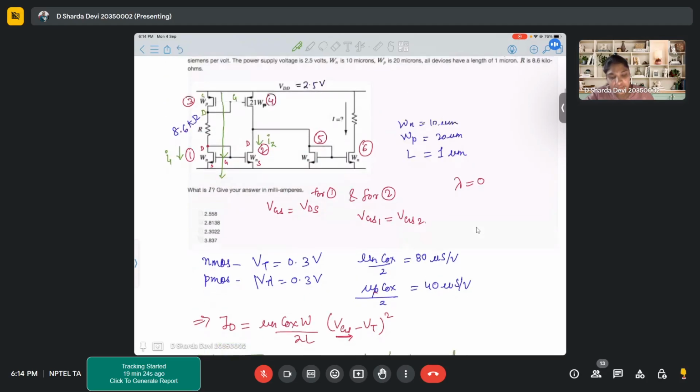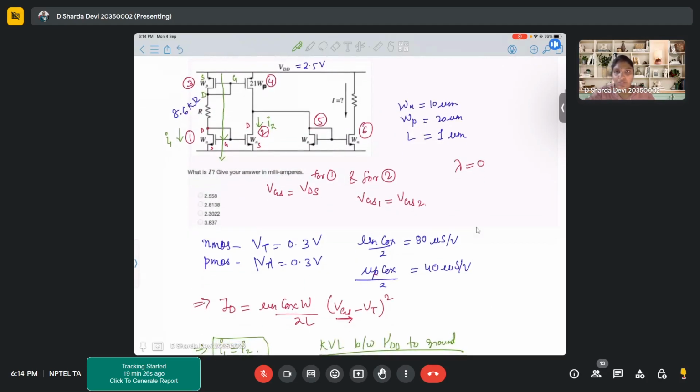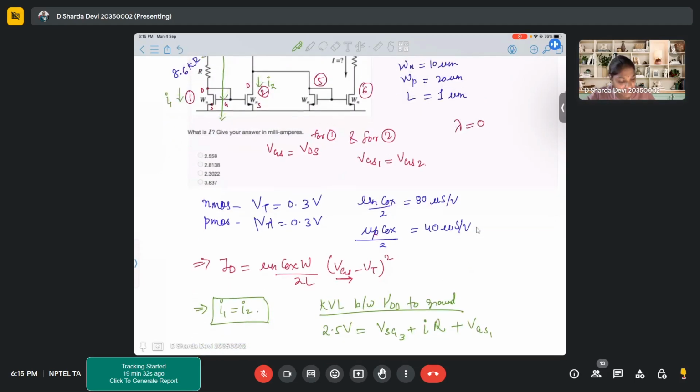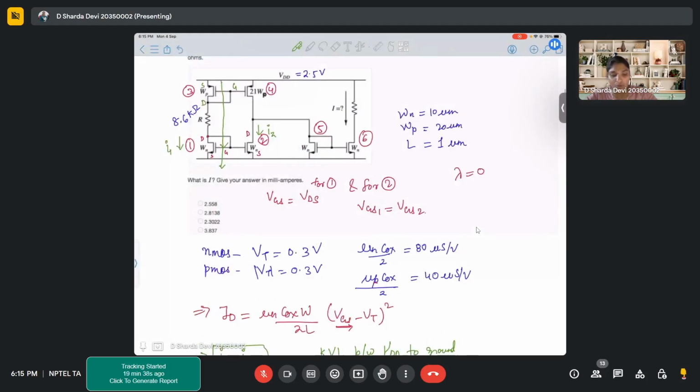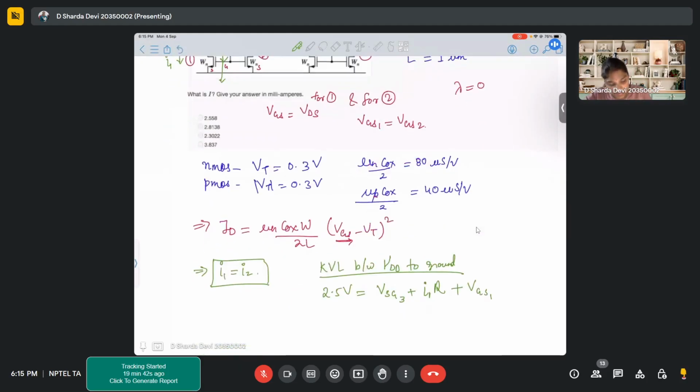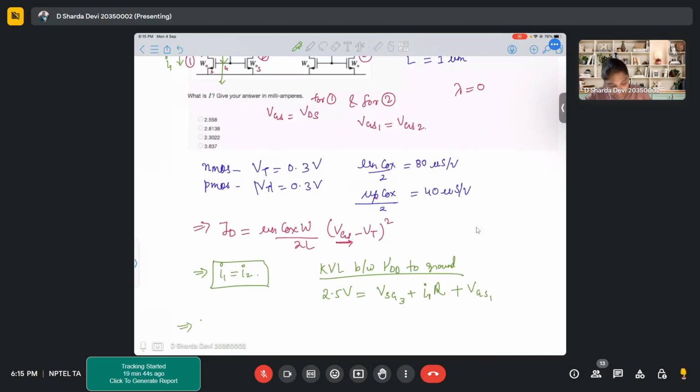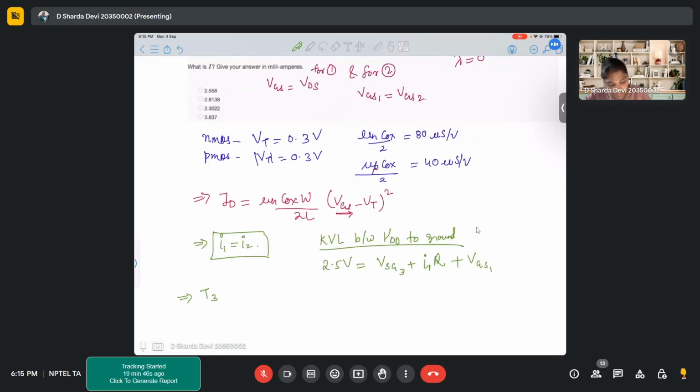Now here we know that the same current is flowing through transistor 3, resistor R, and transistor 1, and that particular current is I1, right? So I1 is the current flowing through all these. For T3, how will we write the current?